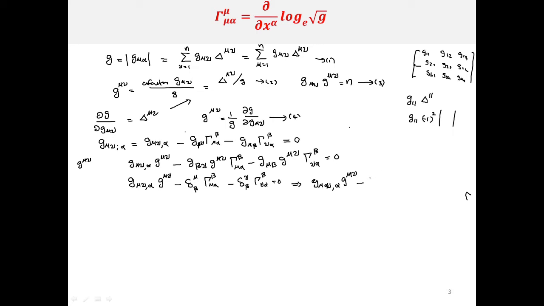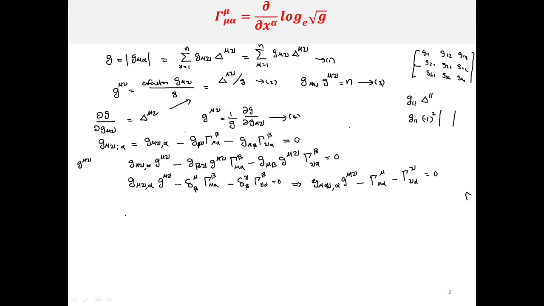So you can write it as Γ^μ_{μα} minus, here you have to substitute β with ν, so you will get Γ^ν_{να} equal to 0.